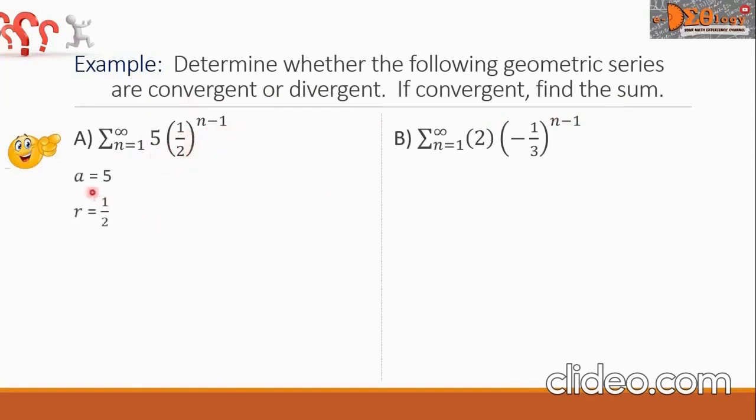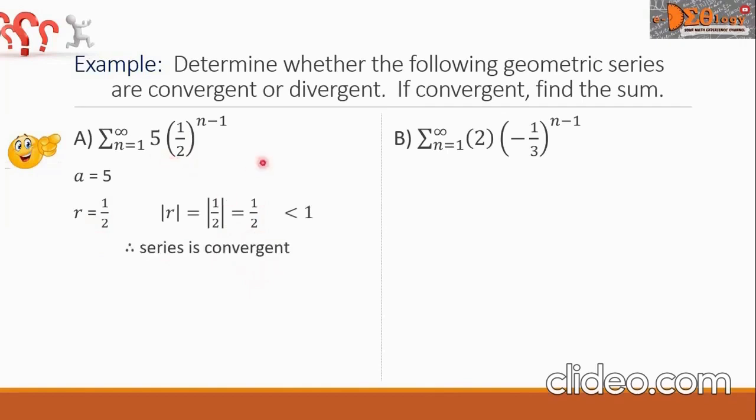Collecting the values, a equals 5 and r is 1/2. The absolute value of r, we can write absolute value of 1/2, and the value here is equal to positive 1/2. We can see that this is less than 1, so we say that the series is convergent.